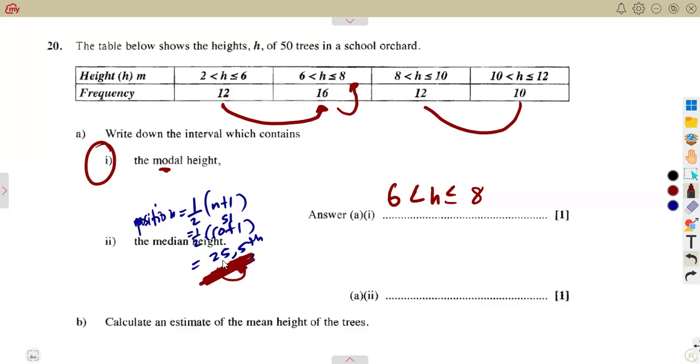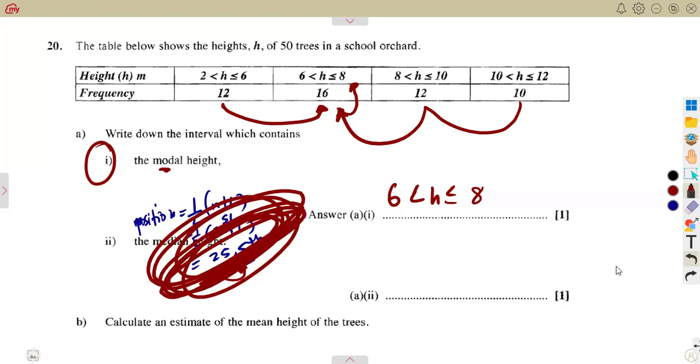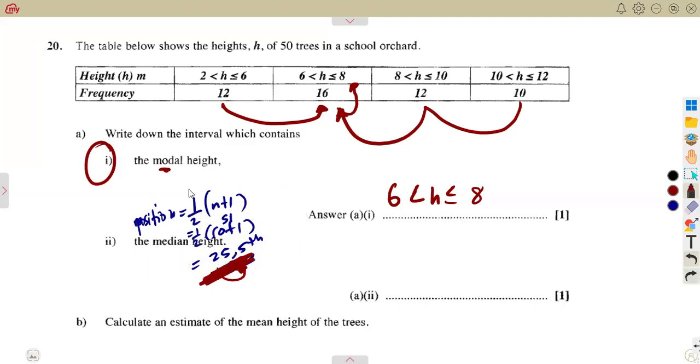We are still less than 25.5. So if we add the 16, guys, we have already exceeded 25.5. If we add 12 plus 16, that's 28, it's above that number. So it's appearing in this class. It was going to lie in this interval of h is greater than 6, less or equal to 8.